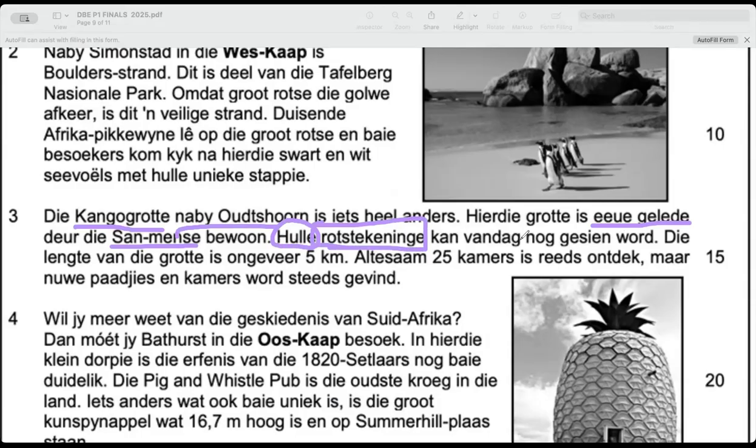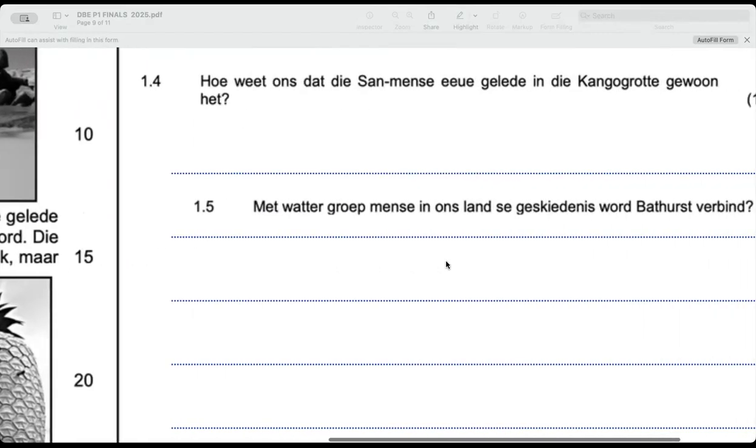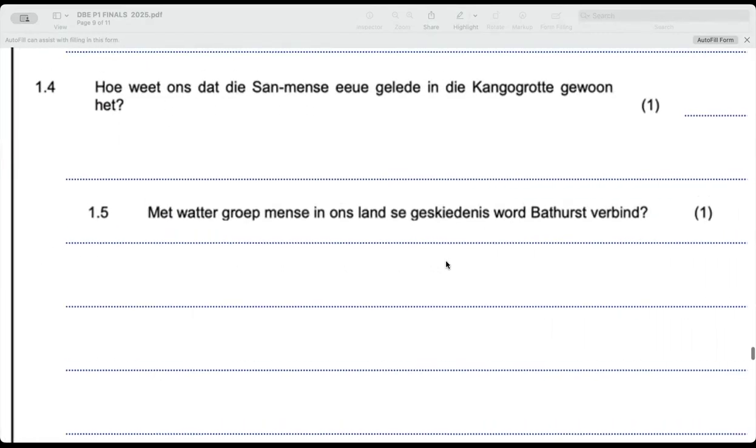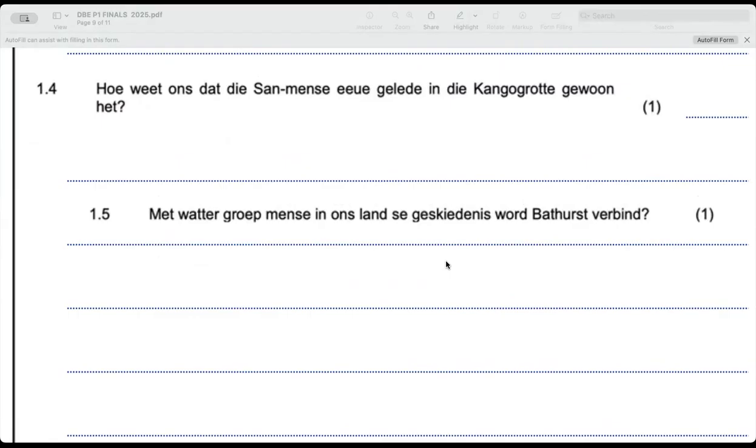Okay, so the rock drawings is telling us. And so that's how you are going to work through your comprehension. Find the key words in the question, find those key words in the text, and then you need to work out from the question, like how do we know? The answer there would be because of the drawings.